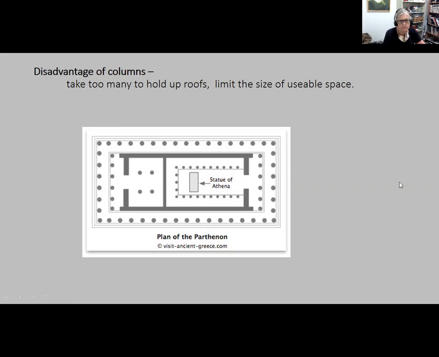So what this did, and here's an aerial view, it's called an elevated view of the Parthenon, and you see that there's like a million columns. All these circles are columns. So what columns did was, unfortunately, they limited the size of usable space.